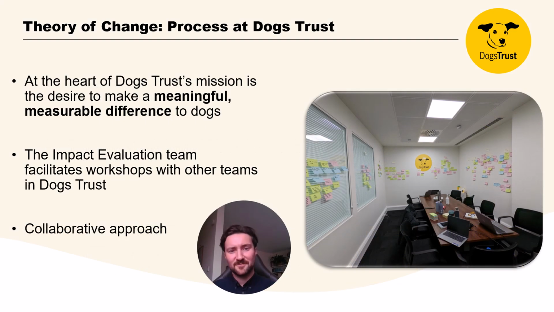At Dogs Trust, we use the theory of change method to ensure the work we do is making the meaningful and measurable difference to dogs that we aspire to achieve in all that we do. And that's where the impact evaluation team comes in. The impact evaluation team, through theory of change, helps our teams throughout Dogs Trust and the organisation as a whole to clearly understand and communicate the difference that we make.